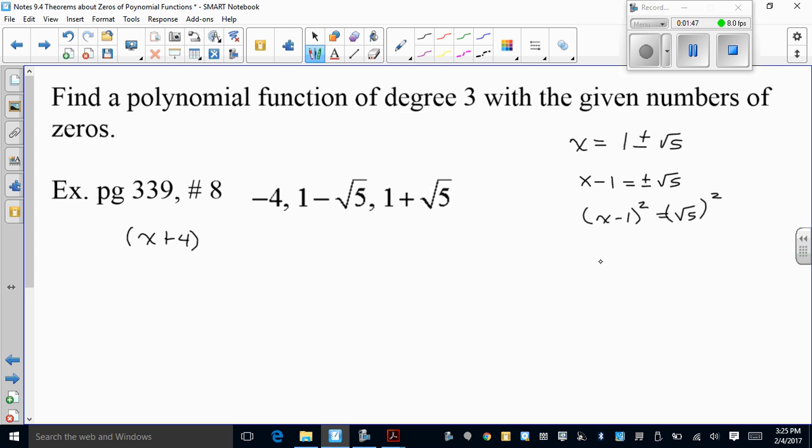So it's x squared minus 2x plus 1 equals, and the radical cancels the square, you're left with just 5. Subtract 5, and we get x squared minus 2x minus 4 is going to be our other factor.